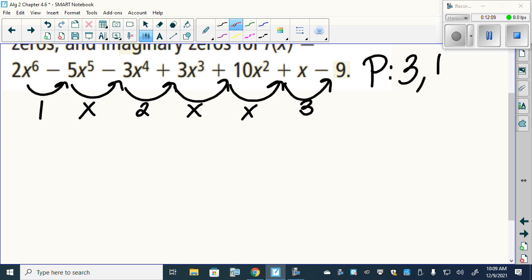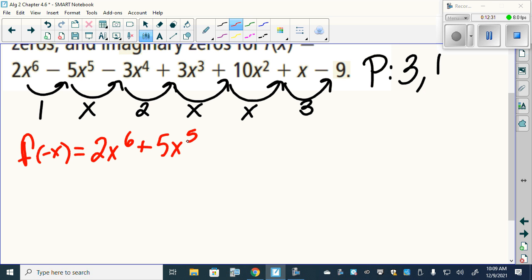So for us here, f of negative x, and this is how I would do it, and I look at it. Okay, well, the first one's 2x to the 6th. It's even, so it stays the same. The next one is odd, so the sign will change. So since it's negative, it's now positive.